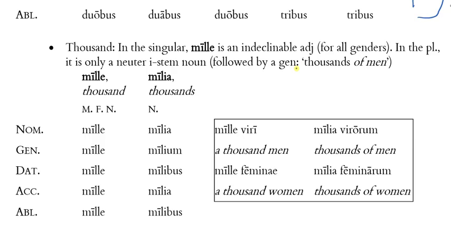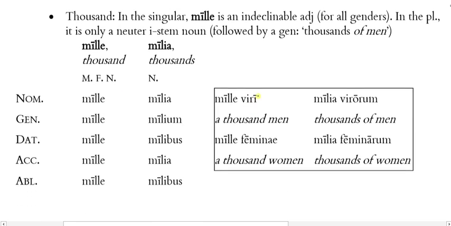We could say thousands of men, and we're going to use this neuter plural form, milia. Or we could number the thousands, right? So 3,000, 4,000, 5,000. Then we're going to put a cardinal number in front of milia. But if we only have 1,000 of something, we're going to use mille, and it's indeclinable, followed by the noun.